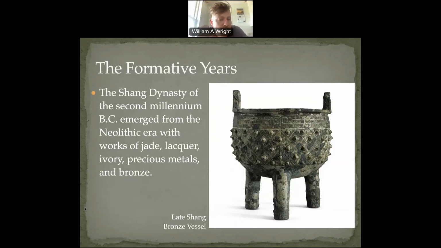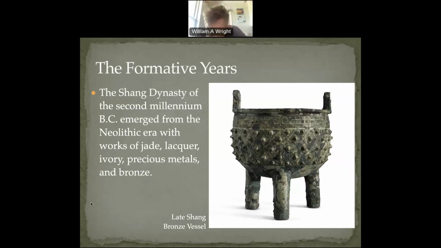But in any case, the Neolithic era ends, and we have very advanced works of jade, lacquer, ivory, precious metals, and of course, bronze. This is what we see here, this late Shang vessel, this cauldron, pretty amazing work in cast and probably some hammered bronze, with lots of intricate detailing and really high levels of work.